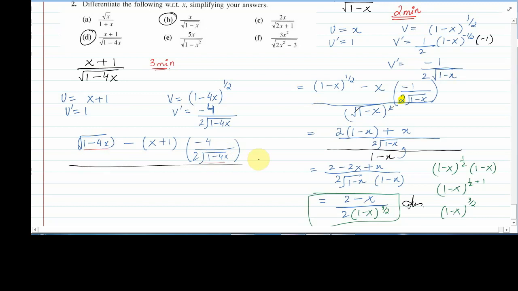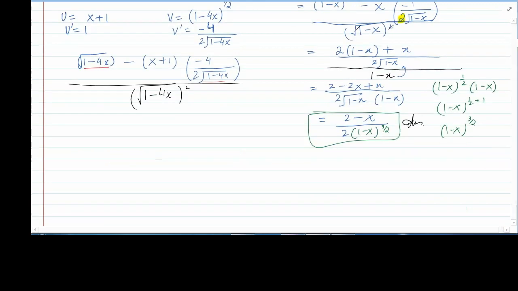Divided by v square, and v is what? 1 minus 4x with the root and whole squaring. Alright, now we need to simplify it. For simplification, I'm going to take LCM in the numerator, so that will be 2 under root 1 minus 4x, right? That is your LCM, and it will be 2 times 1 minus 4x.